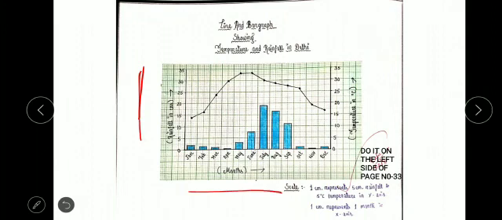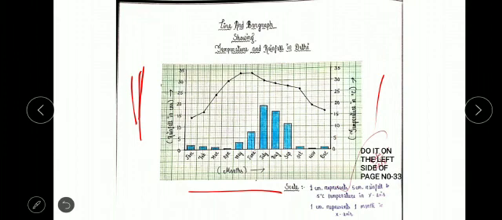We have to choose the scale for both line and bar graph, and try to take the scale as the same for both sides. That means for plotting of the line graph and for the drawing of the bar graph, always try to take the same scale.